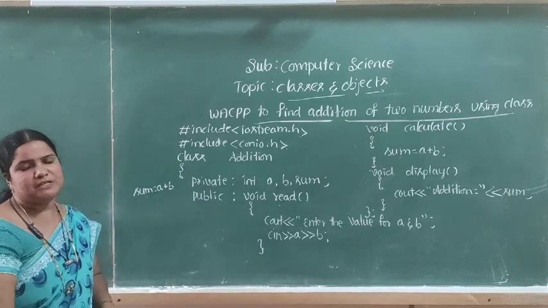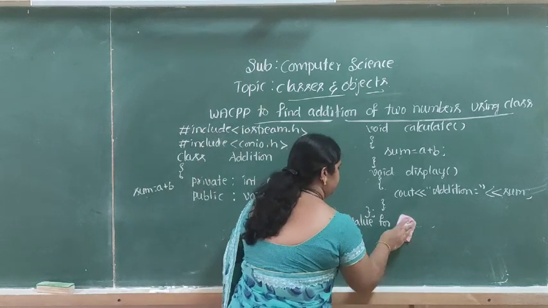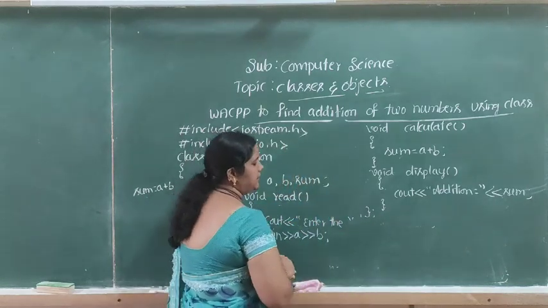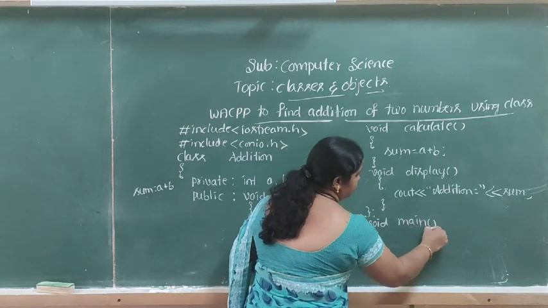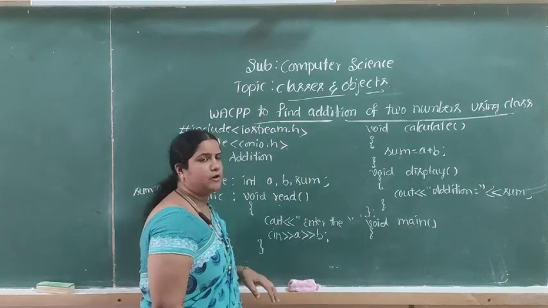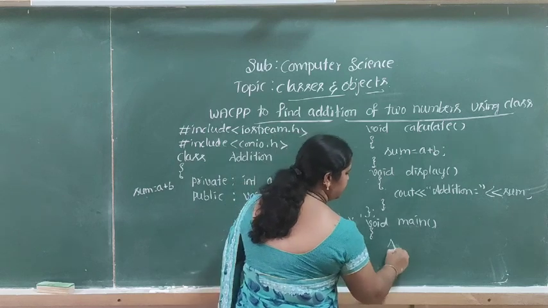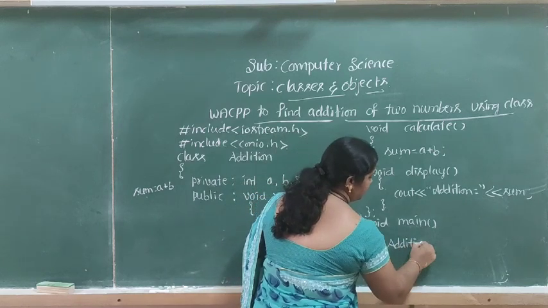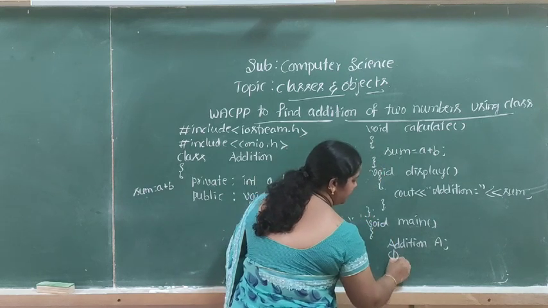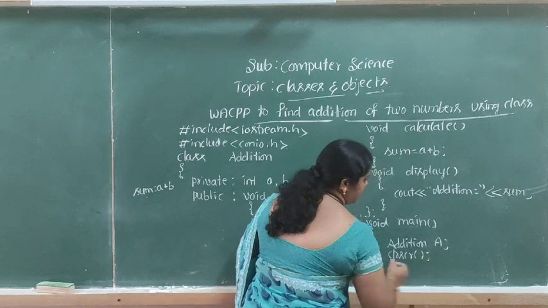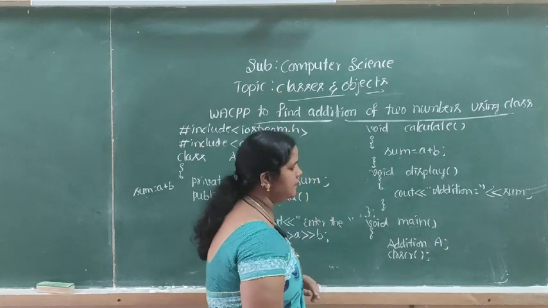And every C++ program must contain the main function. So it can be written as void main. We create one object using the class name addition. A is one of the objects. Next, clrscr is used to clear the screen, and again it will contain the three member functions read, calculate and display.